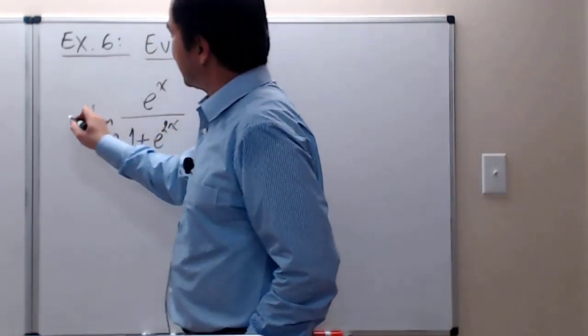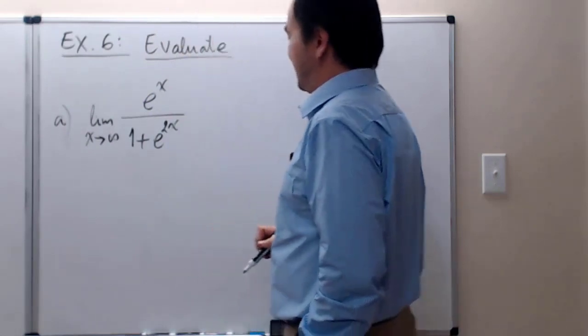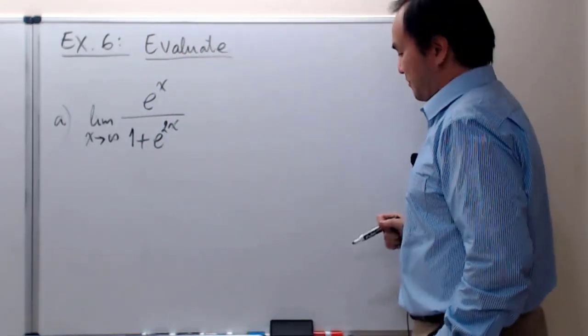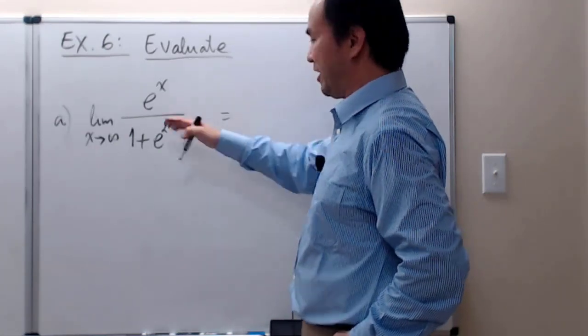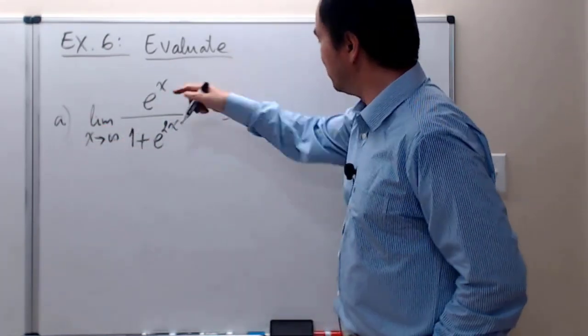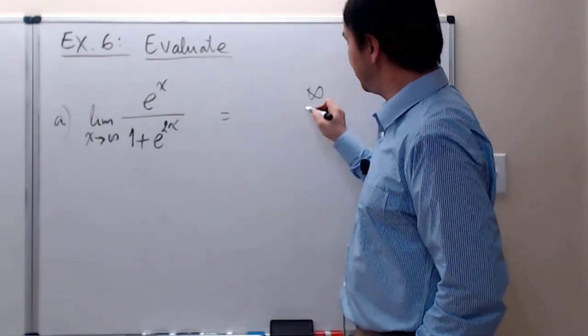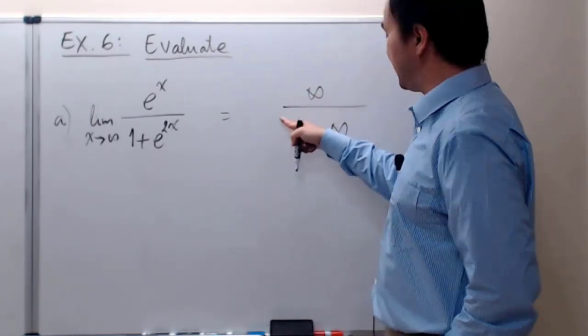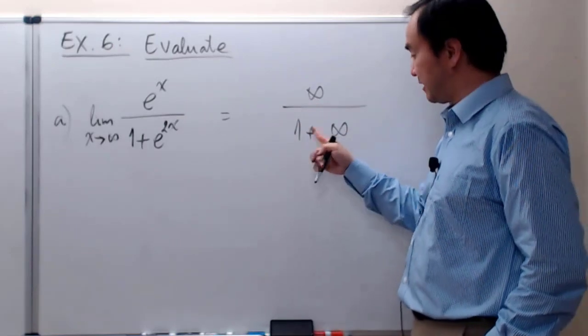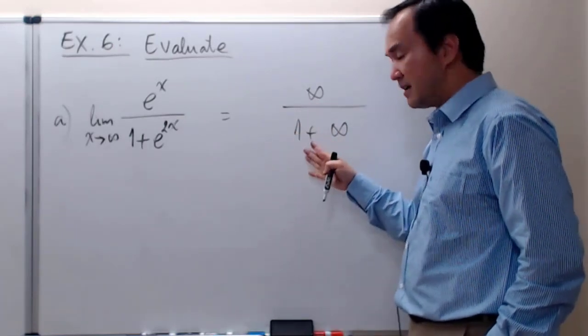Now what I'm seeing here, again, don't do this. If we apply the limit laws directly, the numerator gives us an infinity, the denominator gives us 1 plus infinity, and 1 plus any infinity is an infinity.